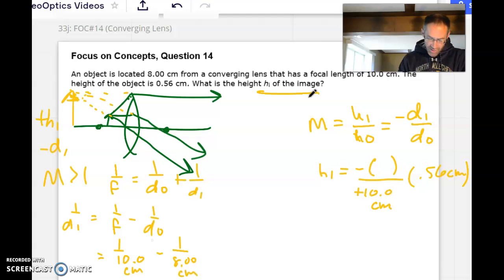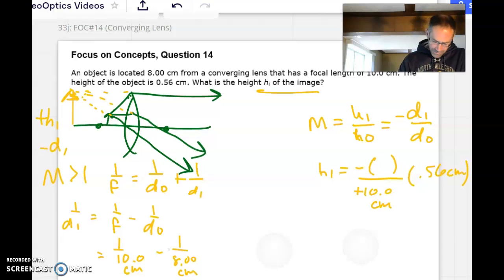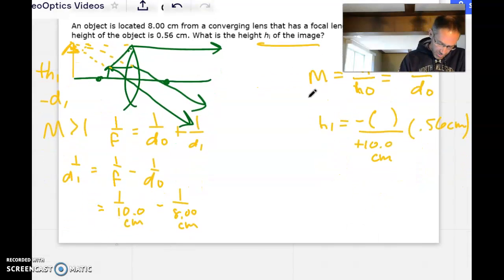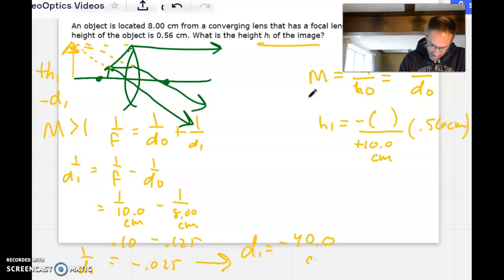And I could certainly do that one in my head. I could get a common denominator of 40, it looks like there. You know, I guess I could do it with decimals too. This is a tenth, and this is 0.125, so it looks like this would be negative 0.025. That's the reciprocal, that's a 40th, so it looks like the di is going to be negative 40 centimeters.